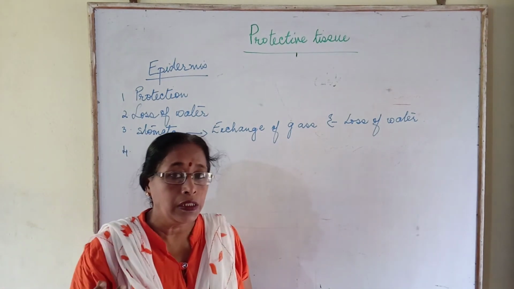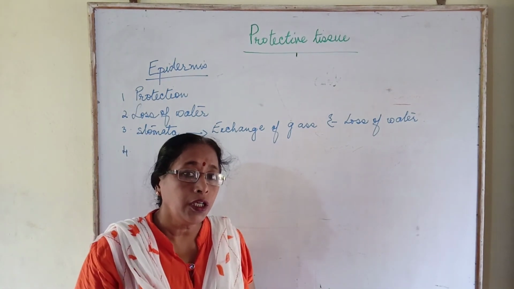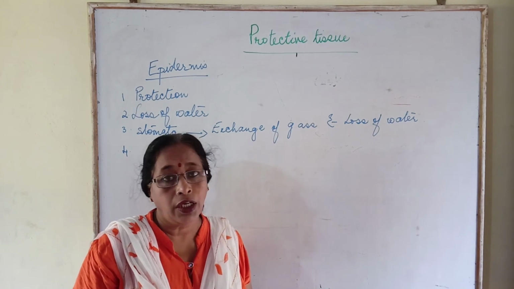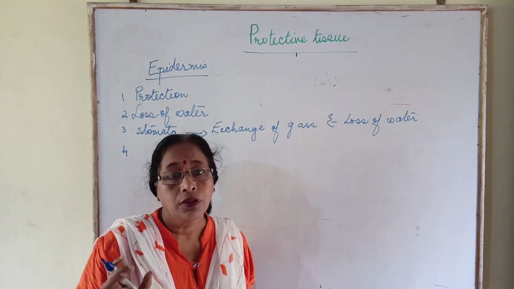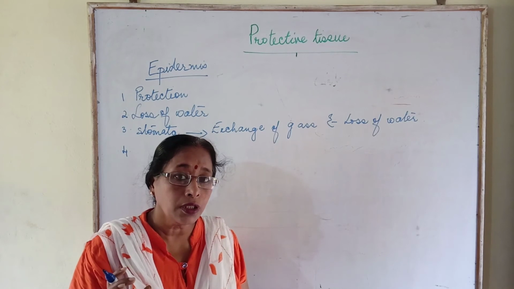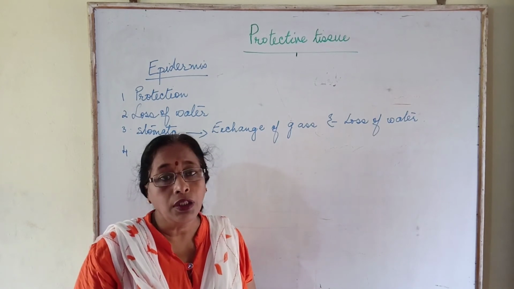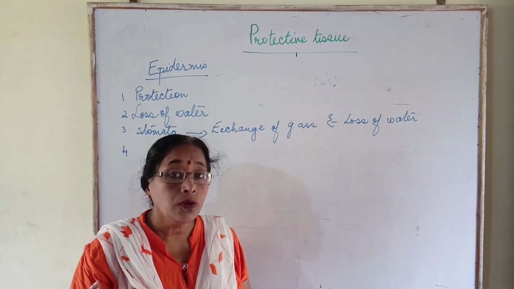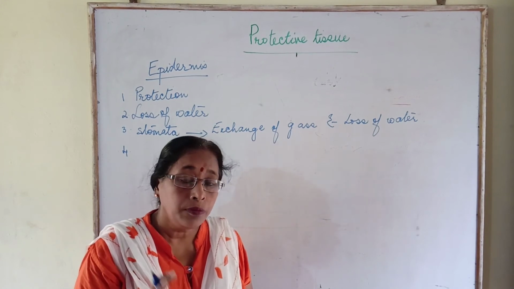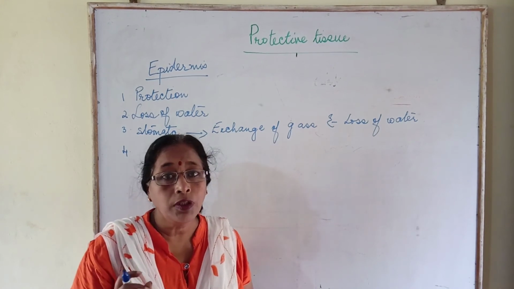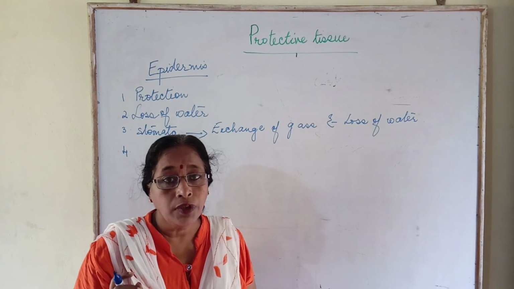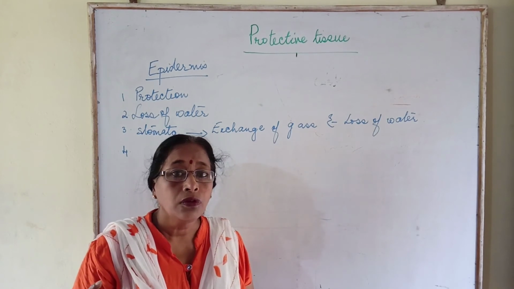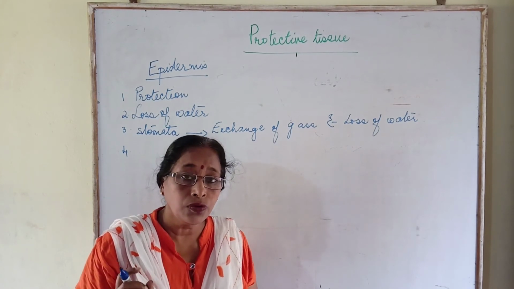There are root hairs present on the epidermis. These root hairs also absorb the minerals and water from the nearby surroundings, and they also protect the main roots and the parts of the plant from the attack of insects or other pathogens.